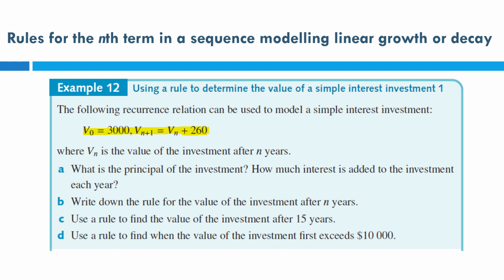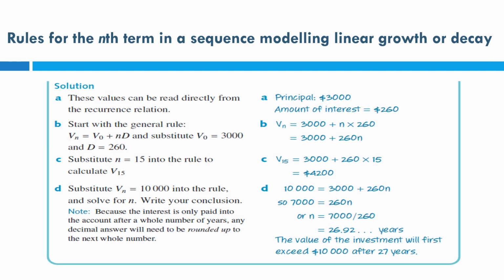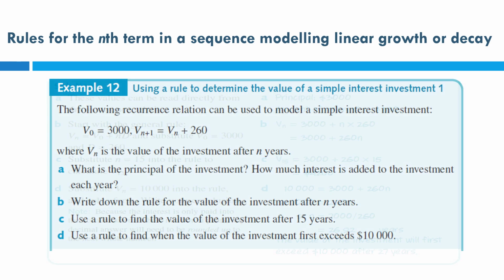Now the next one says write down the rule for the value of the investment after n years. So we would do that so that we wouldn't have to do all of the individual iterations, because if you see in the next question, it's asking us to find out after 15 years.